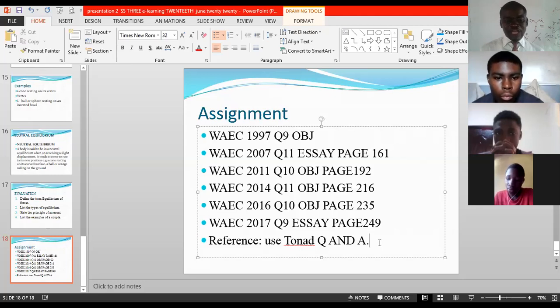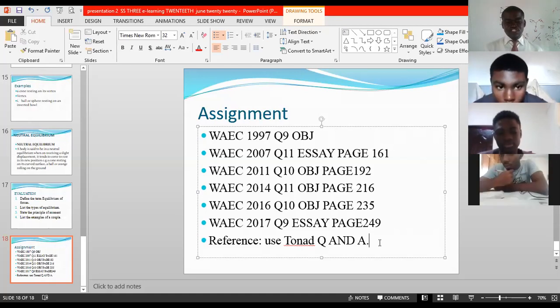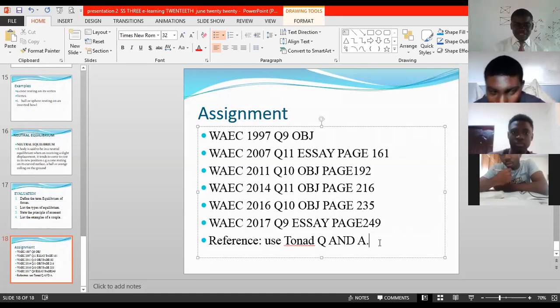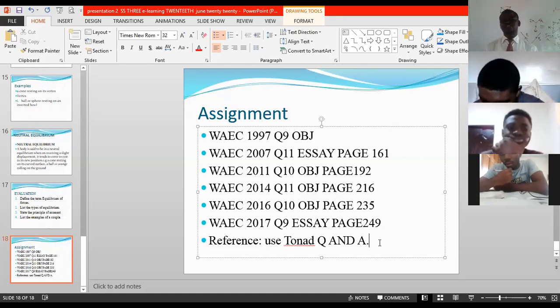Then WAEC 2011, question 10, objective, page 192. WAEC 2014, essay, question 11, page 216. WAEC 2016, question 10, objective, page 237. WAEC 2017, question 9, essay, page 249. Use that book. Don't use any other one.